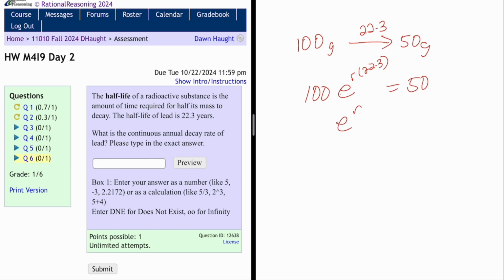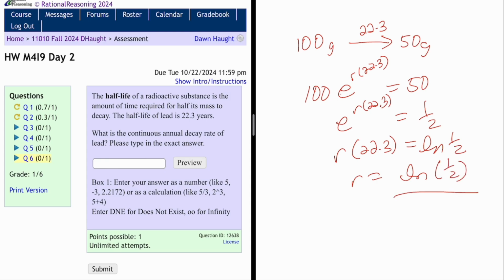Or e to that rate times 22.3 should be 1/2. So change that into a natural log. So r times 22.3 should equal the natural log of 1/2. So our rate is the natural log of 1/2 divided by 22.3.